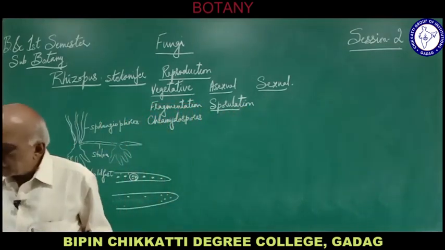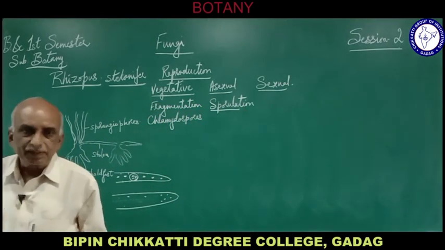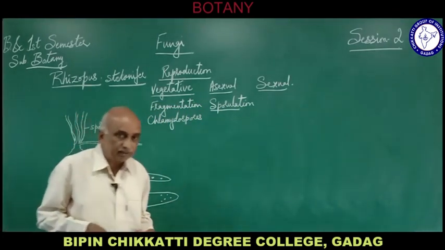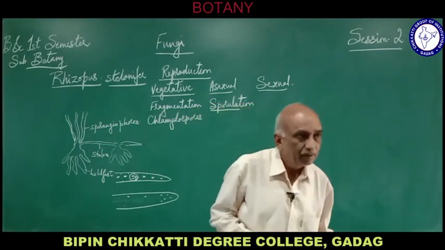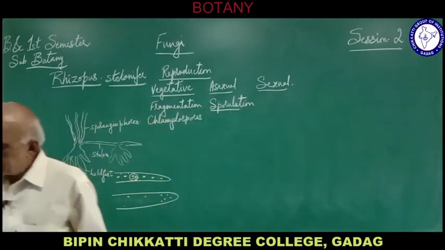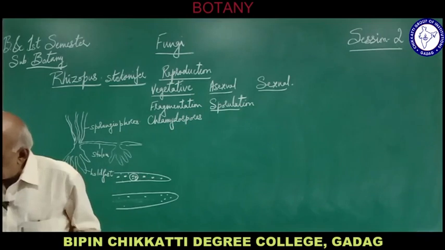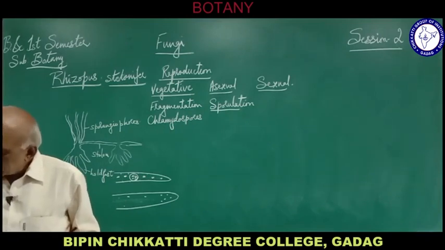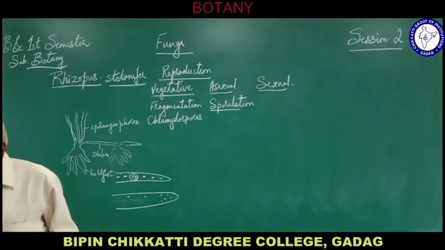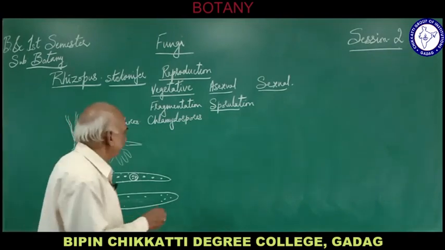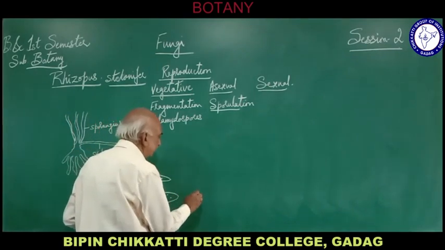So the hyphae produces a kind of structures which are called sporangia. These sporangia are produced in any part of the hyphae. These sporangia produce spores, and they are spherical structures which are produced at any hyphae.